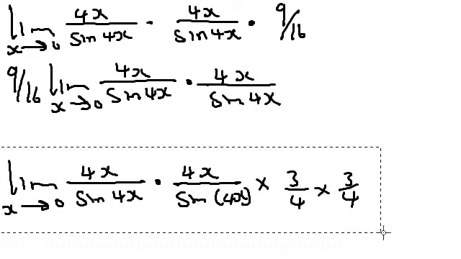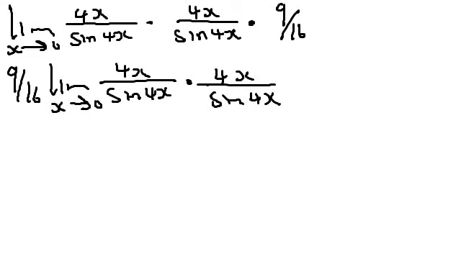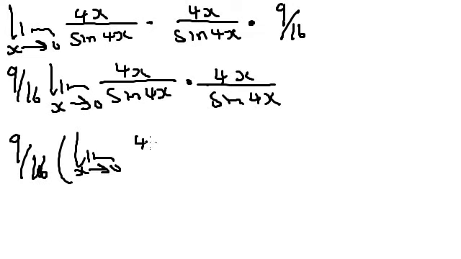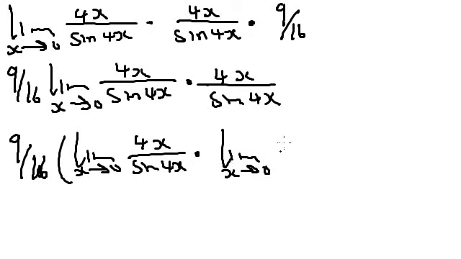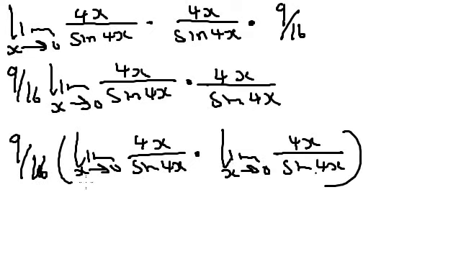Now we can distribute the limits. Distributing the limits, we will have 9 by 16 multiplying the limit as x approaches 0 of 4x over sine 4x, then multiplied by the limit as x approaches 0 of 4x over sine 4x.